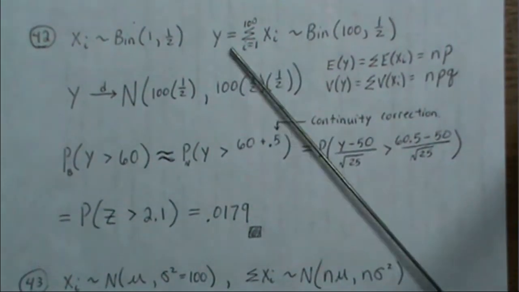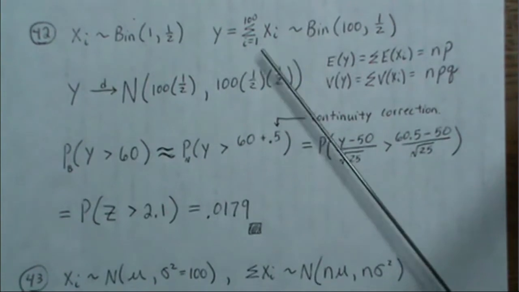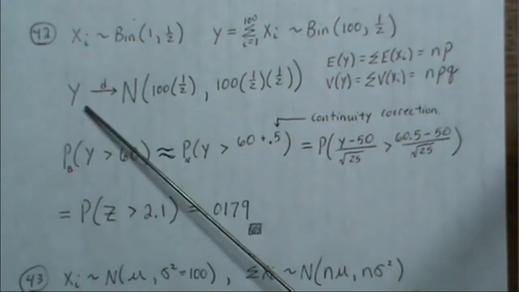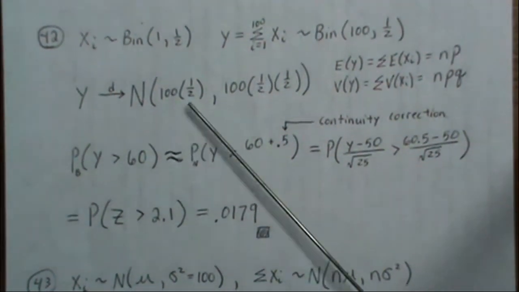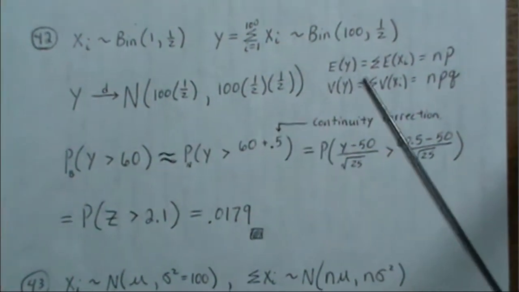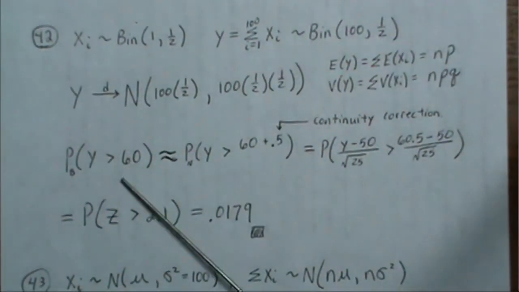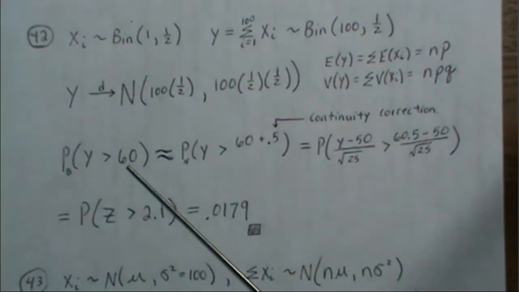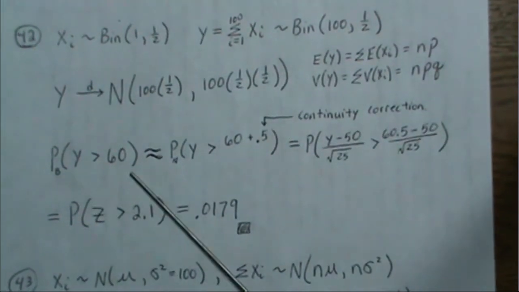Note that y, because it's a sum, so the central limit theorem comes in. It approaches a normal with mean np and variance npq, and you can find the variance this way. So the probability that y is greater than 60, this is under the binomial distribution.